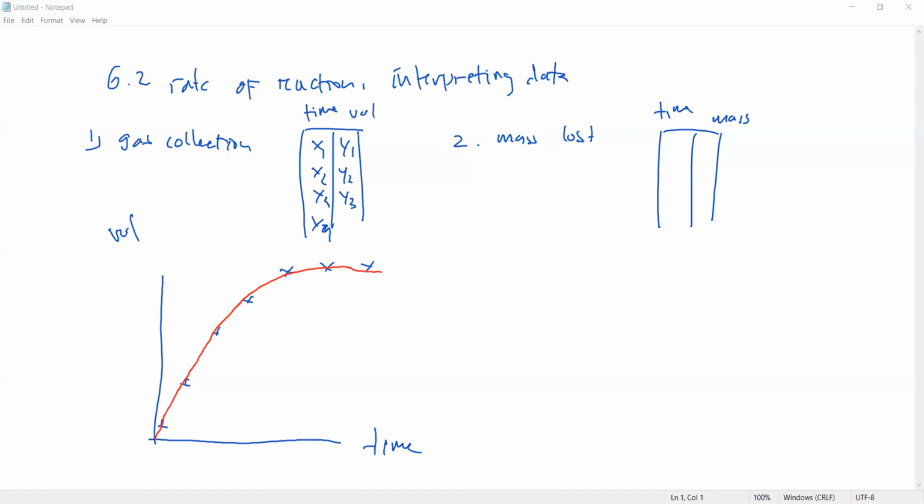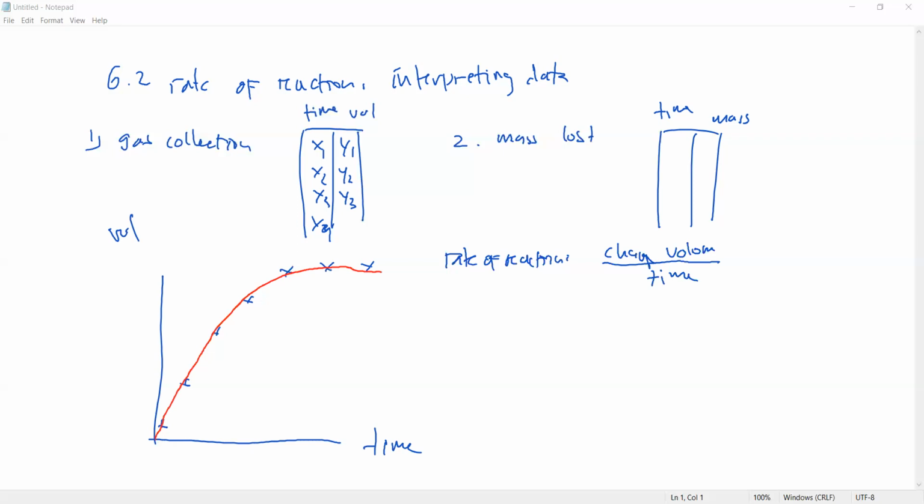Now let's see what is the meaning of the rate of reaction. The rate of reaction is going to be taken as the change of volume over time. Generally, we are going to measure this over several intervals.